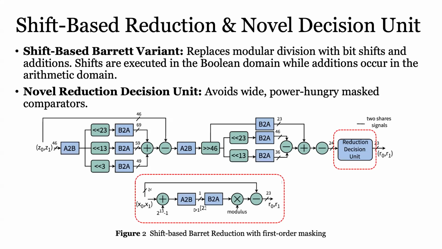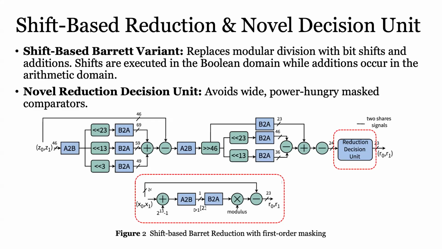You can implement multiplication with shifts, because if you shift right, you are basically dividing by 2. If you shift left, you are multiplying by 2. So you can implement this multiplication operation with shifts. So we use shift operations, and we use conversion whenever we need to deal with arithmetic or Boolean operations. And this is our reduction decision unit, the last part of the design.